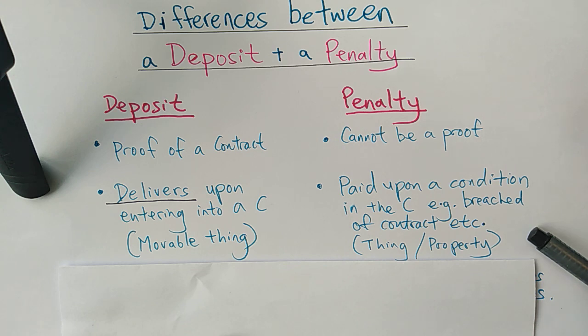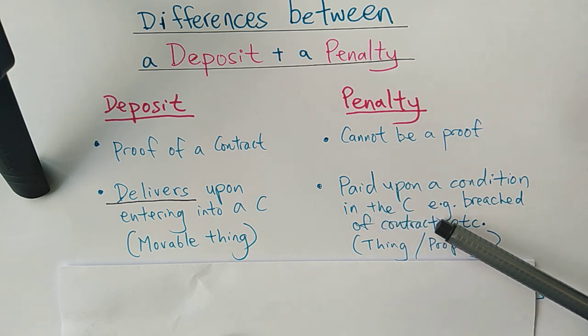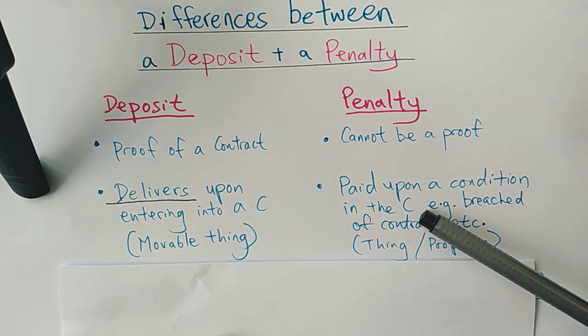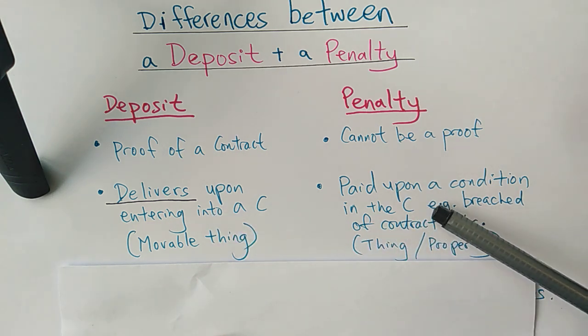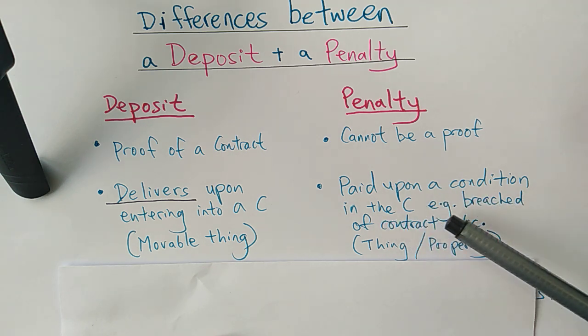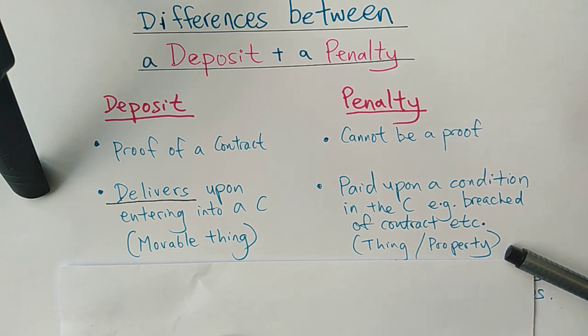Comparing with penalty, penalty is paid upon a condition in the contract, not when the contract is entered into. It's paid upon the occurrence, the happening, the arising of a certain condition in the contract. For example, breach of contract gives rise to a payment or penalty. And the penalty can be in the nature of any kind of thing, tangible, intangible, any property as well.